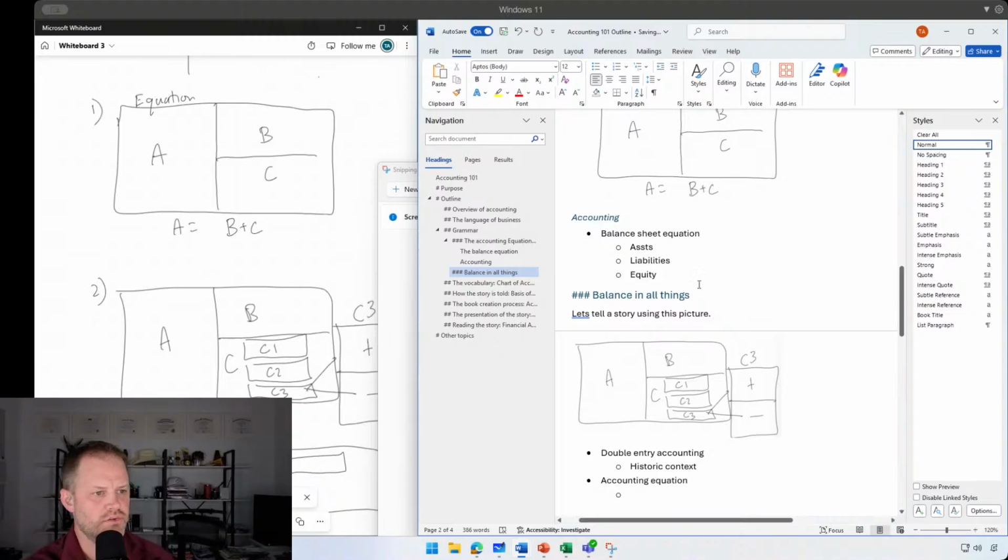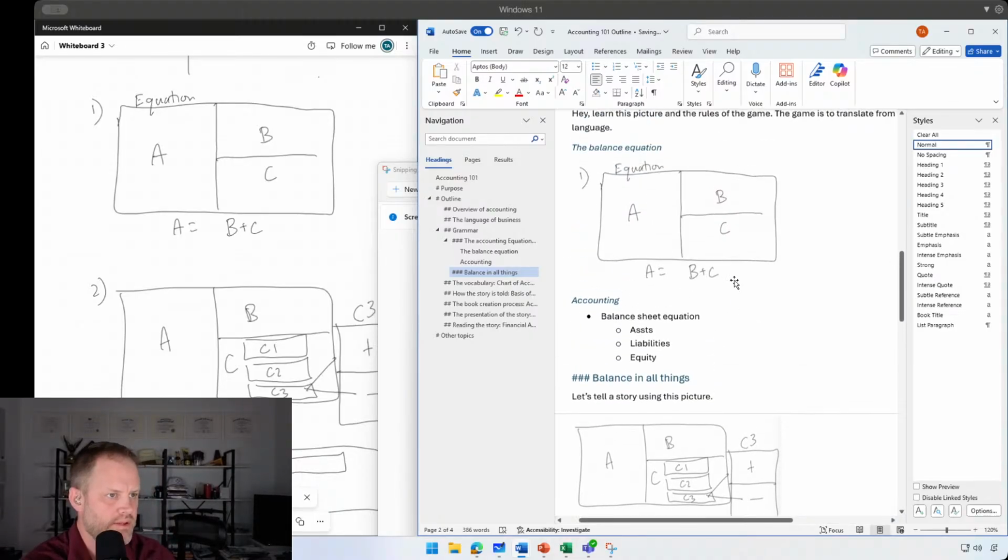So in order to do that, there has to be an introduction of what assets, liabilities, and equity are.